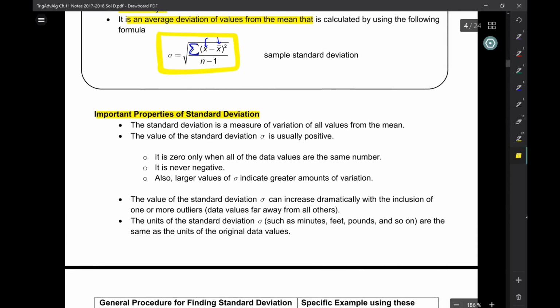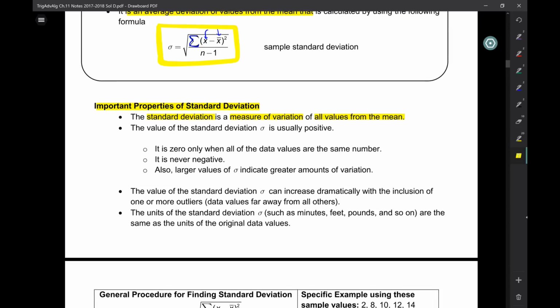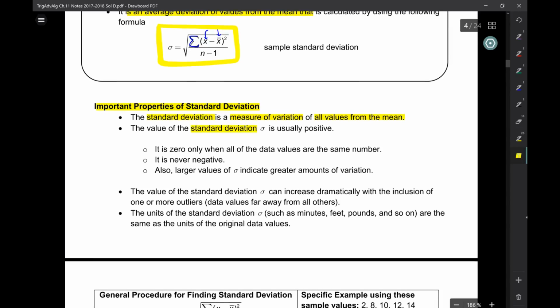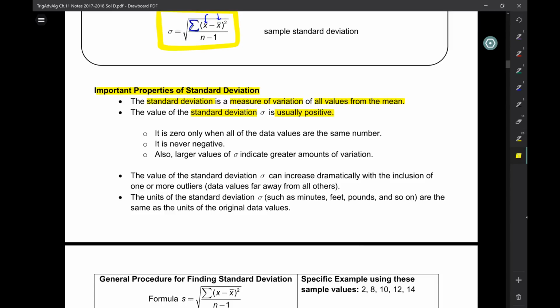The standard deviation is a measure of variation of all values from the mean. Standard deviation is usually positive. So suppose I give you a test and everybody gets a 93.